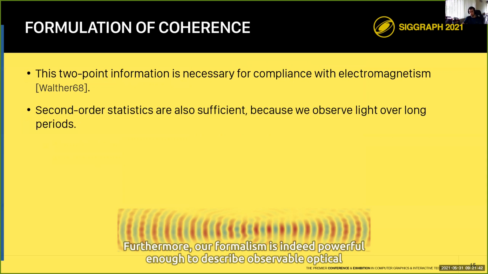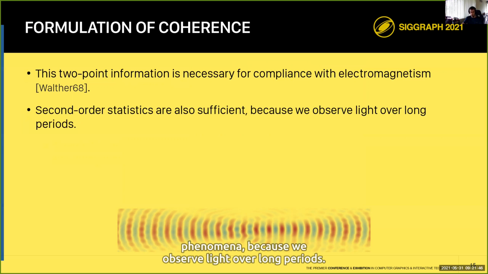Furthermore, our formalism is indeed powerful enough to describe observable optical phenomena because we observe light over long periods. That is, over the course of one such observation, many statistically independent waveforms contribute to the perceived intensity. Thus, the central limit theorem may be brought to bear, and we can conclude that second-order statistics are sufficient.